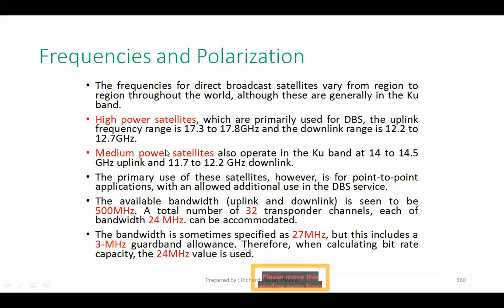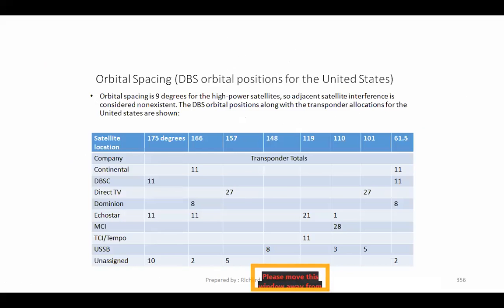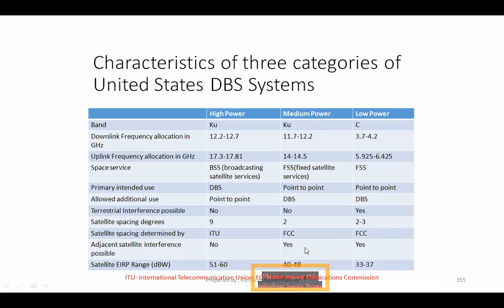So questions can be asked with regards to higher power satellites. What are the levels of frequencies, and what is the primary utilization of these satellites? You can either refer to this, or you can go back to the tabulation, wherein you can write these points with respect to high power satellites, and these for medium, and these for low power satellites.